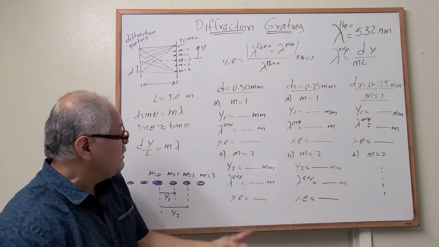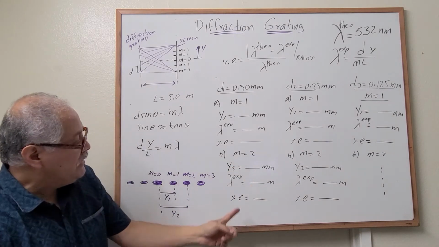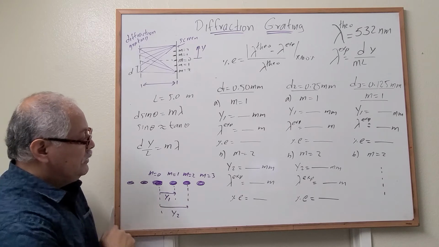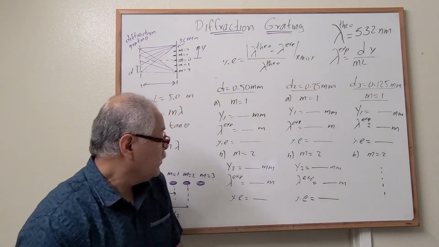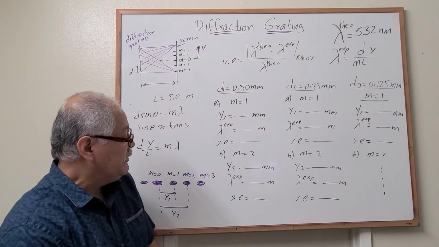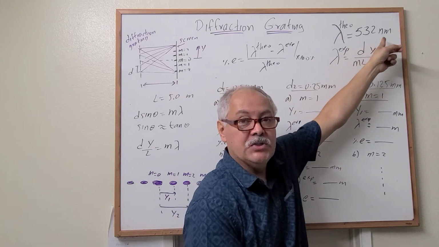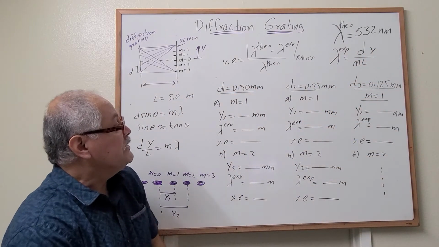Okay, let's go to part B. m equals 2, the same thing. Let's find the distance from the center to m equals 2 in millimeters. Later you have to convert it to meters. Let's find the experimental value in meters, and then find the percent error.